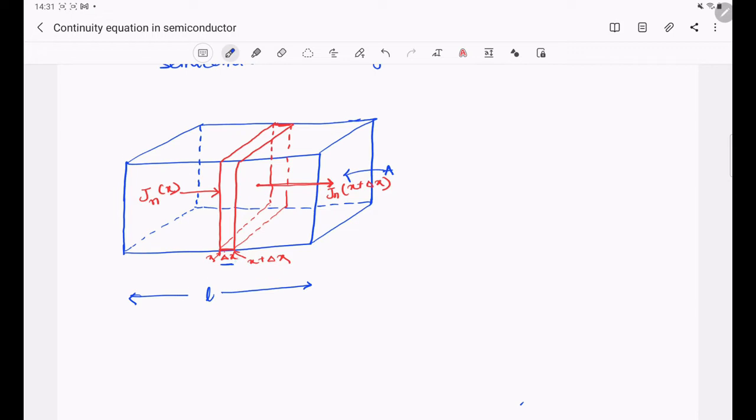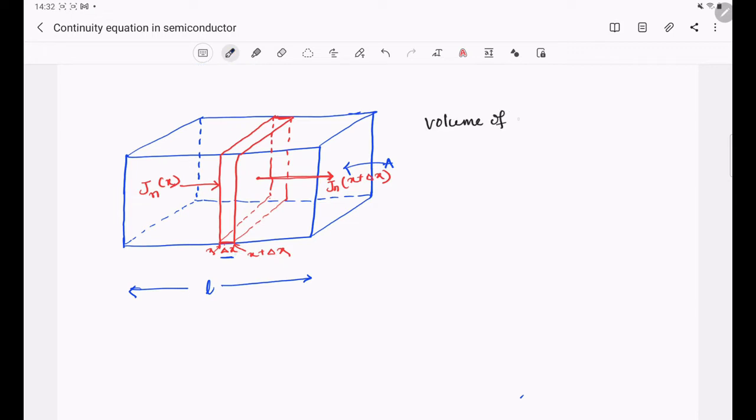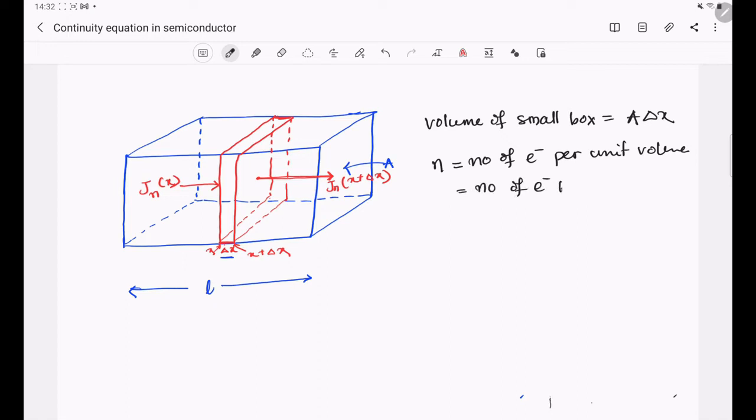So the volume of this small box will be A into delta x, and suppose n is the electron concentration, that means number of electrons per unit volume, or we can say number of electrons per centimeter cube.